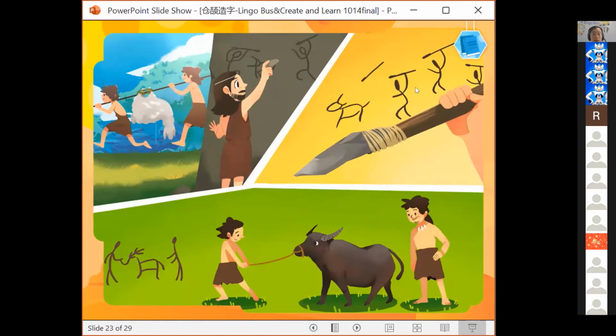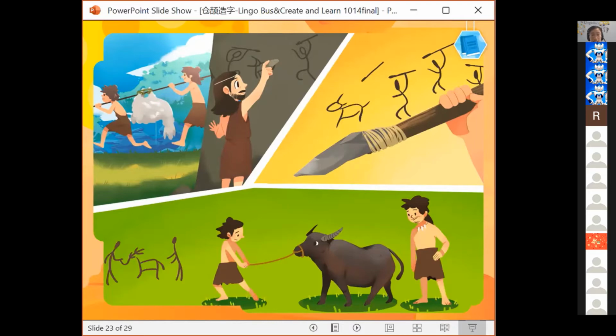You can find the answer from the picture beside it. Yes, Aliyah says hunting. Most of you got it. Yes, it means hunting. They went hunting. Great. 打猎. Yes, hunting in Chinese is 打猎.